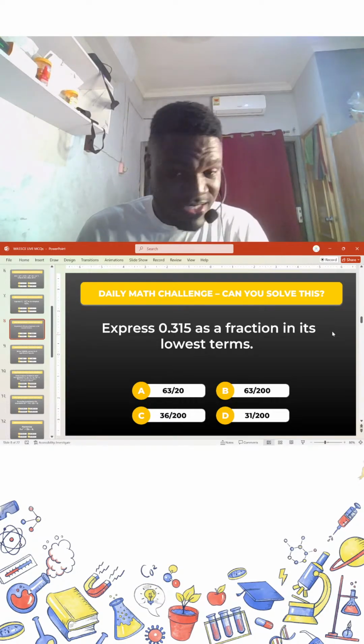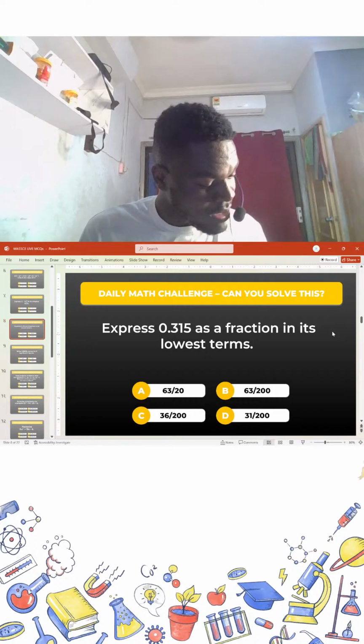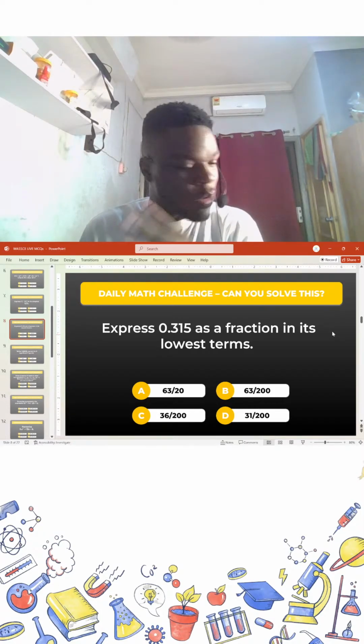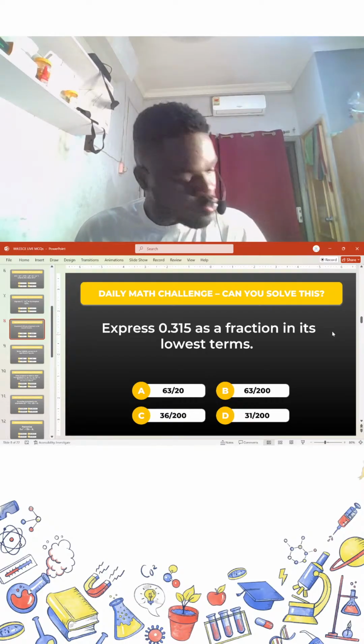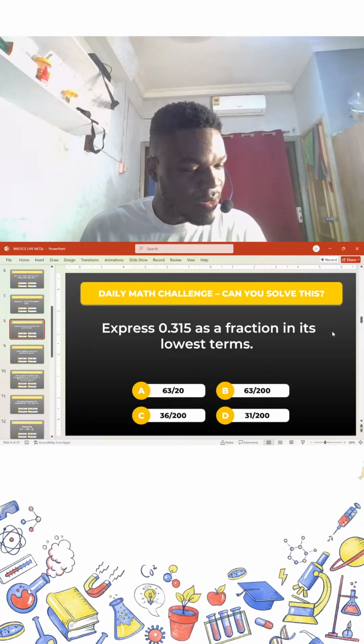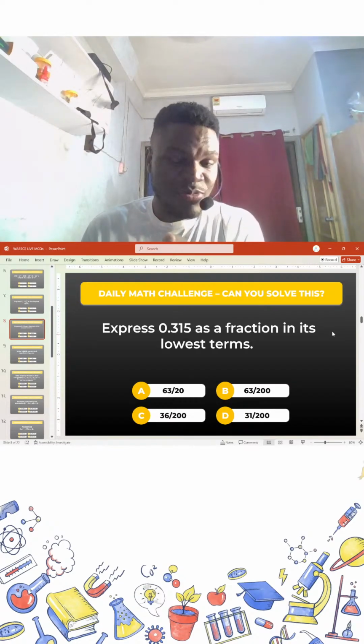So the first option is 63 on 20. I will do that. 63 on 20 will give me 3.15. That is not equal to 0.315. So I move on to option B. Option B is 63 over 200. I will do that. That will give me 0.315, which is exactly the expression we have over here.